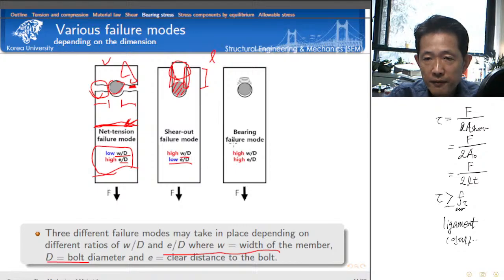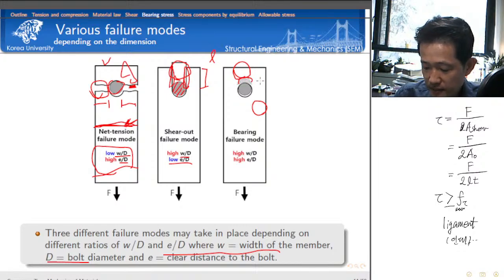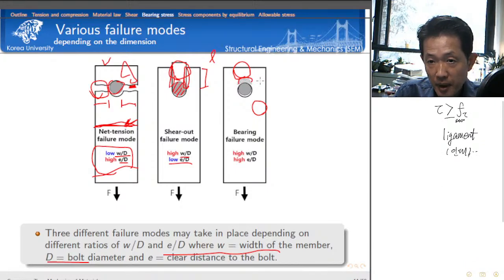Then what is the bearing failure? The bearing failure is when we have a very good ligament and also a very good clear distance. In that case, the material near the bolt is crushed. This is bearing stress.